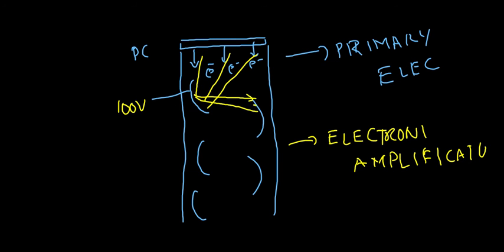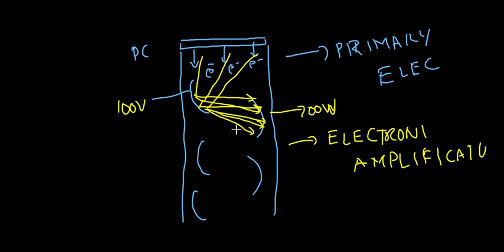So for each primary electron that strikes the first diode, it produces two secondary electrons. This next one is operating at 200 volts, say.